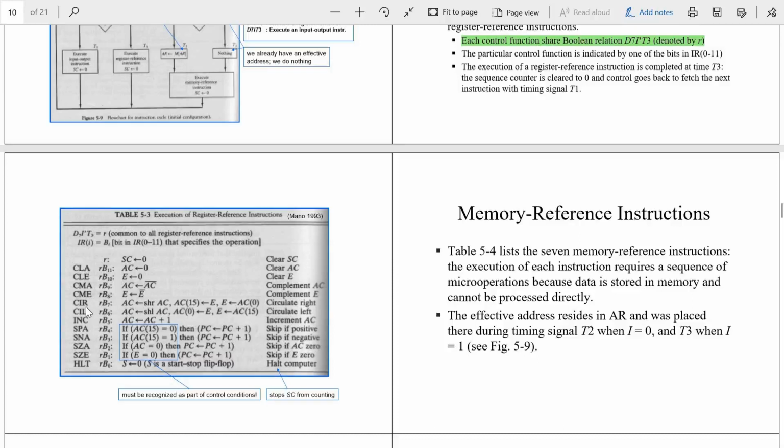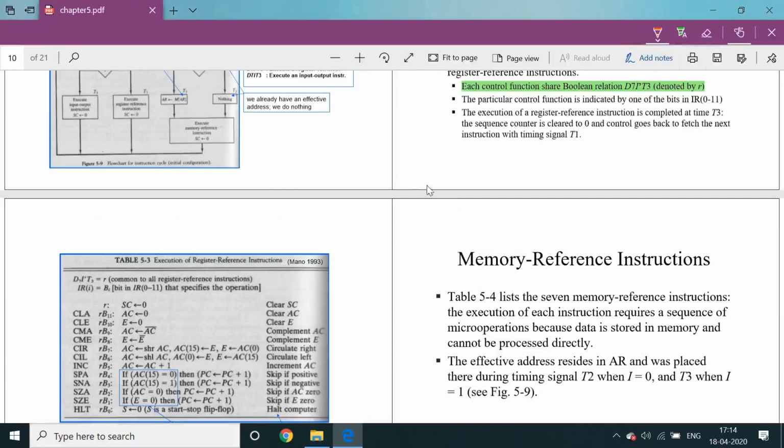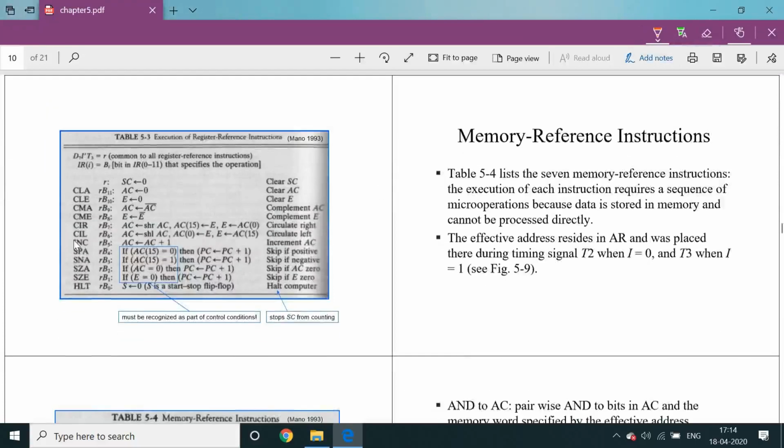Circulate right. For understanding purposes, we are going to look at this operation a little.